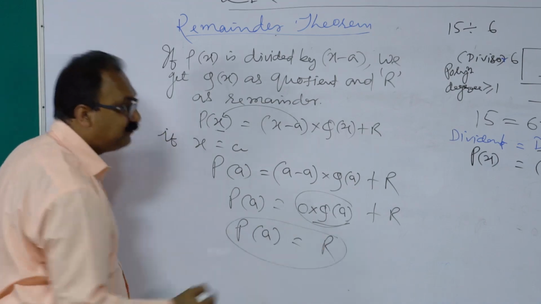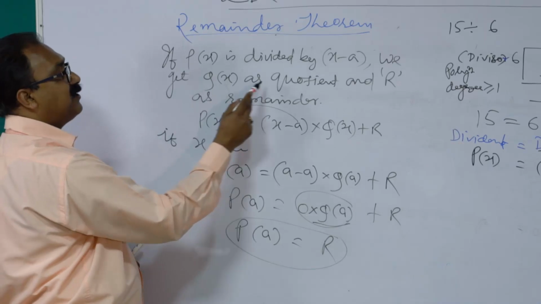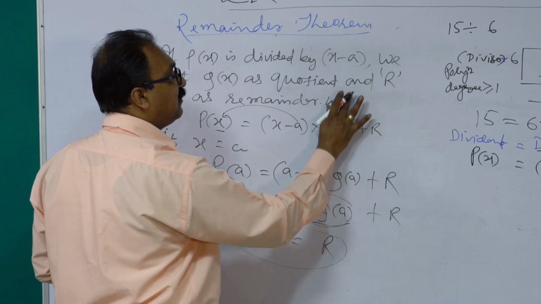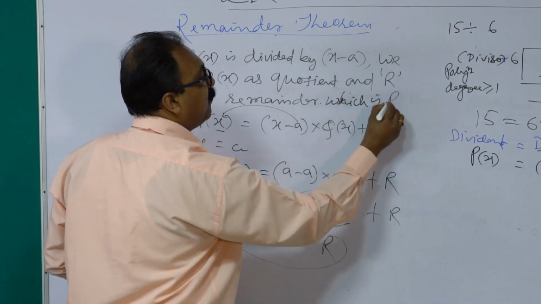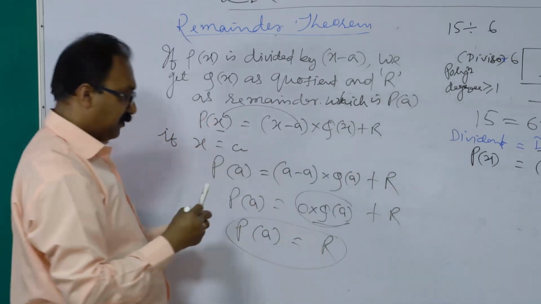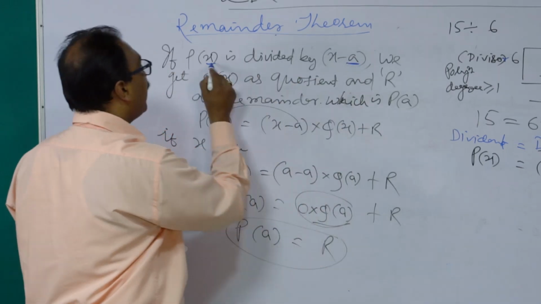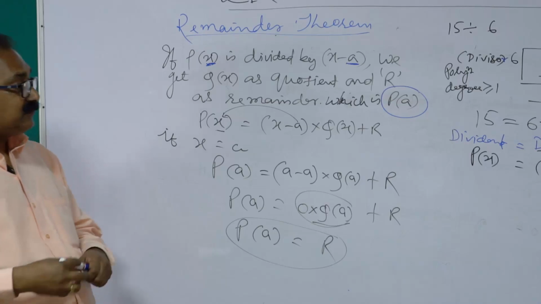So the remainder is p of a, with r the remainder. Please try to remember, it is nothing but p of a. This a comes here. This is the remainder. Please try to understand it.